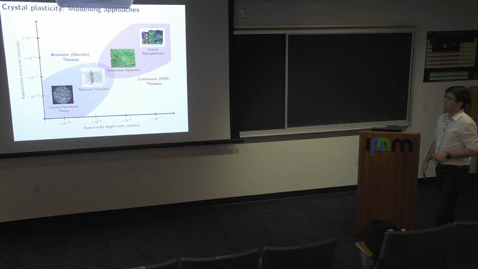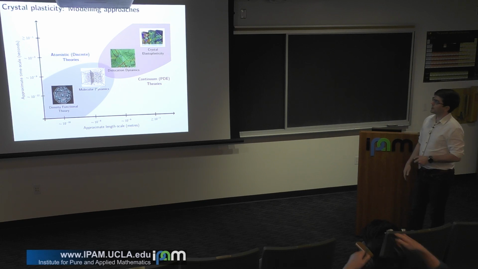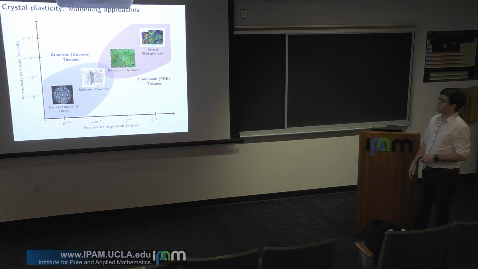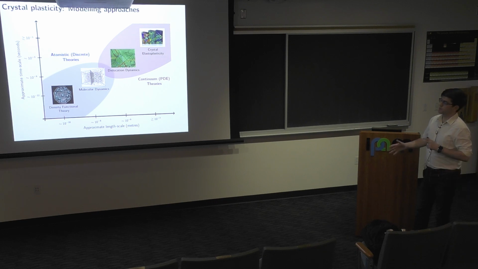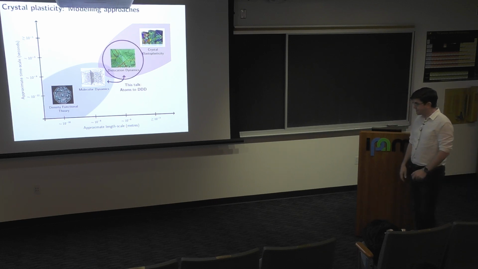In molecular dynamics and density functional theory, we have nuclei and electrons in the case of DFT, so we have really discrete particles, and up here we have fields and continuum PDE models. Bridging this gap is a little bit of a challenge just because of the phenomenological difference between them, but that's what I'm going to talk about.